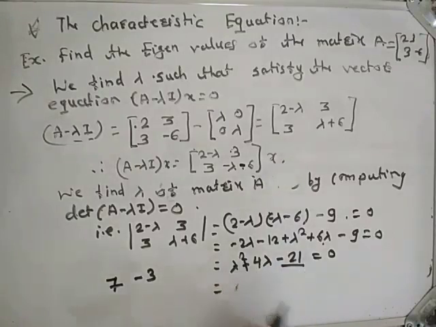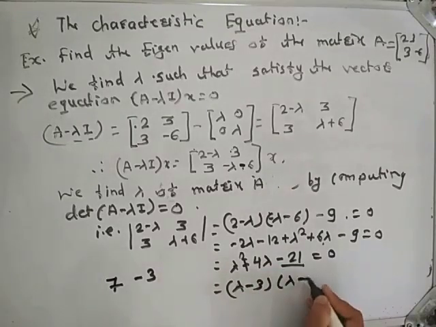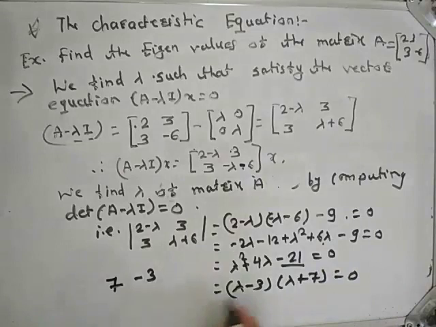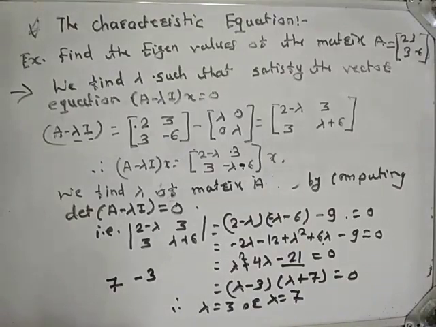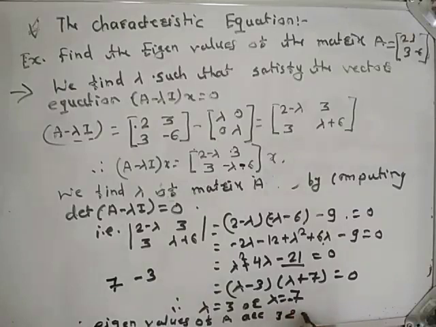So the factors of this quadratic equation are (lambda - 3)(lambda + 7) = 0. Therefore we get lambda = 3 or lambda = -7. Therefore the eigenvalues of A are 3 and -7.